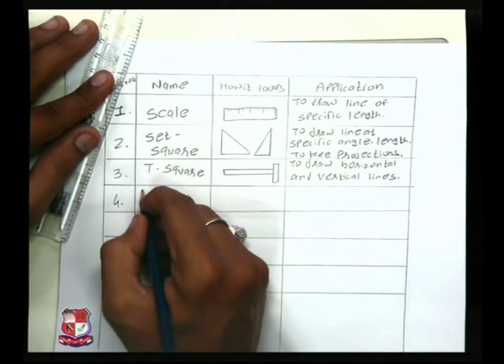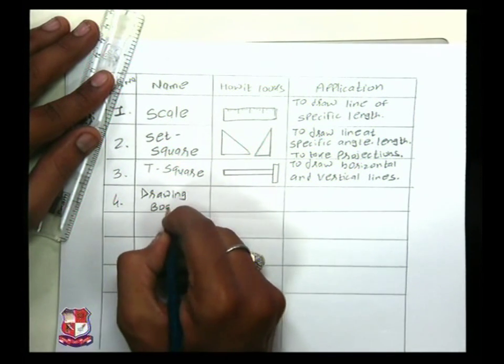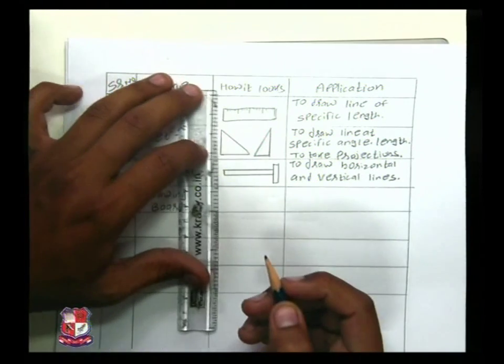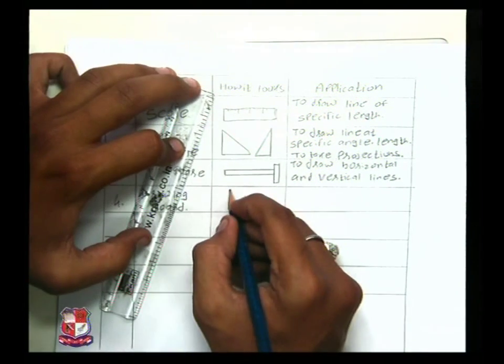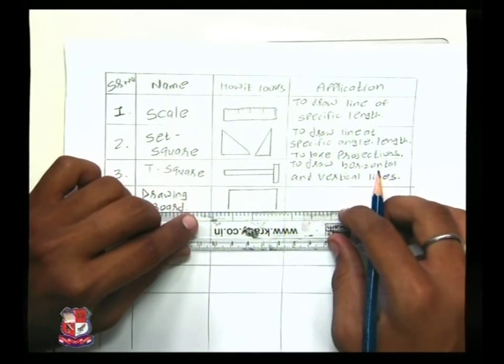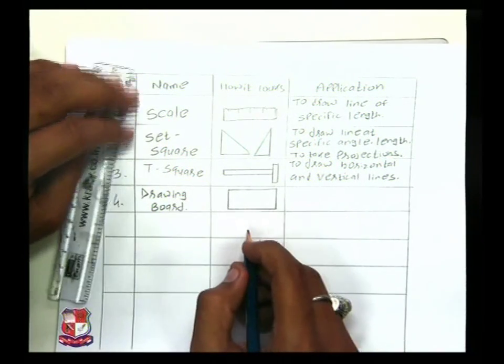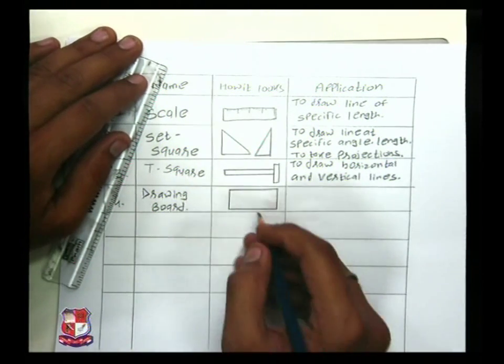Next would be the drawing board. How does the drawing board look? What is the size of the drawing sheet you are using on the mechanical side? It's half imperial.